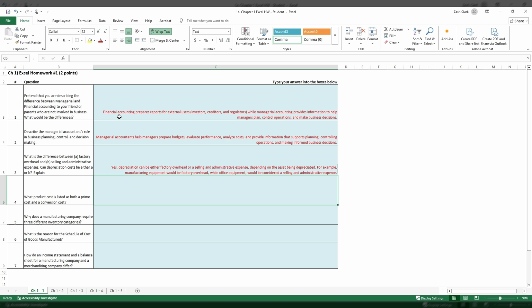We'll talk about it more as we get into different exercises and the in-class exercises and so forth. But the differentiation is, if it's a cost that directly ties into producing the product, that is going to be capitalized as an asset or inventory until the time that the product is sold.